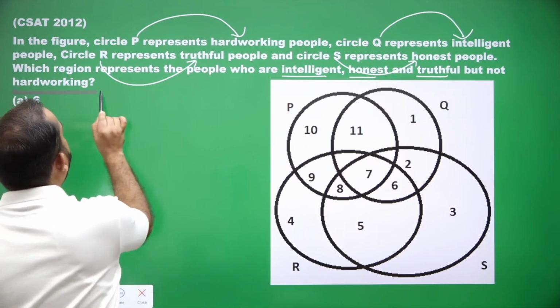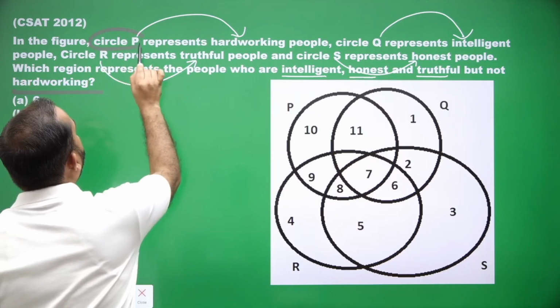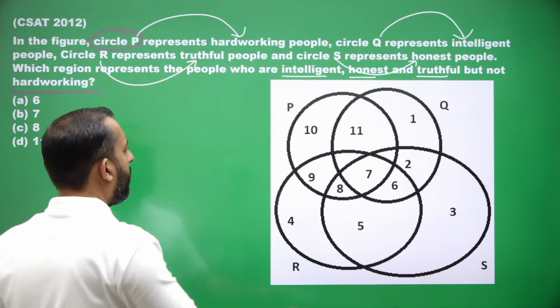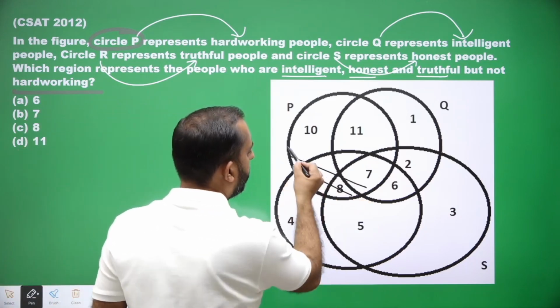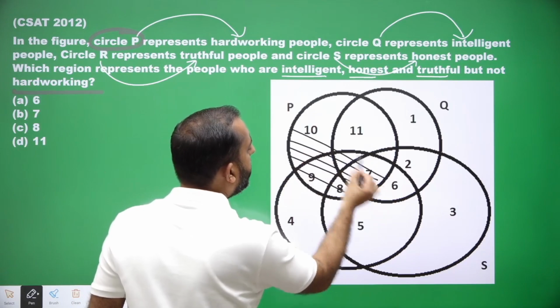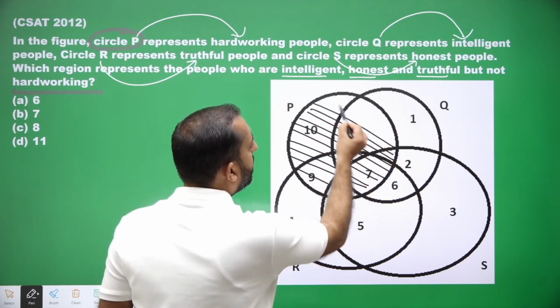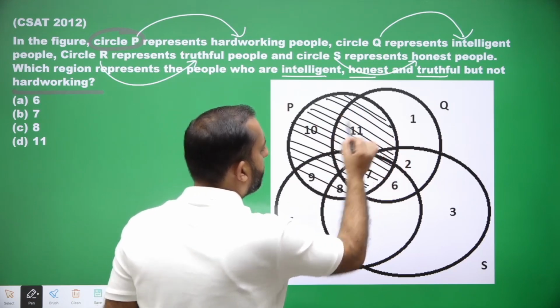But not hardworking, meaning we have to ignore all the values of circle P. So first of all, ignore circle P completely, because we do not need hardworking people in my count, and circle P is representing the total number of hardworking people here.